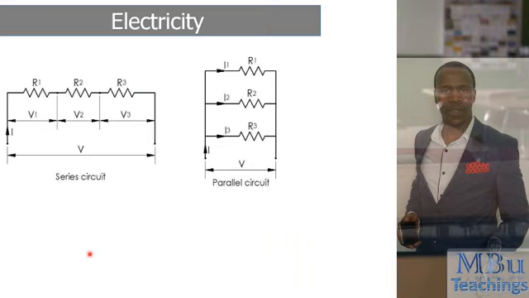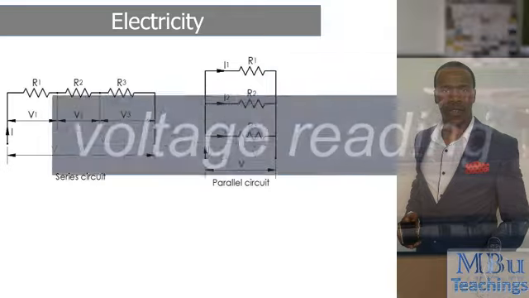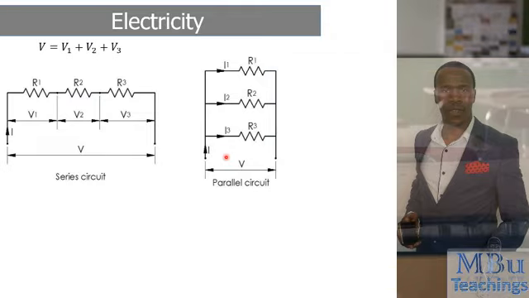Alright, now we are starting to talk about formulas. We are done with definitions. Let's go to formulas. We are starting with these two circuits: connections in series for this circuit, connections in parallel for this particular circuit. Then let's see what they say. We have V, which is just the voltage reading.